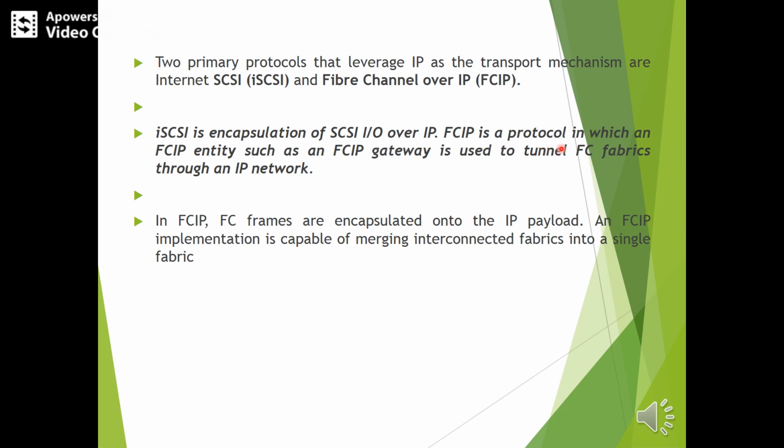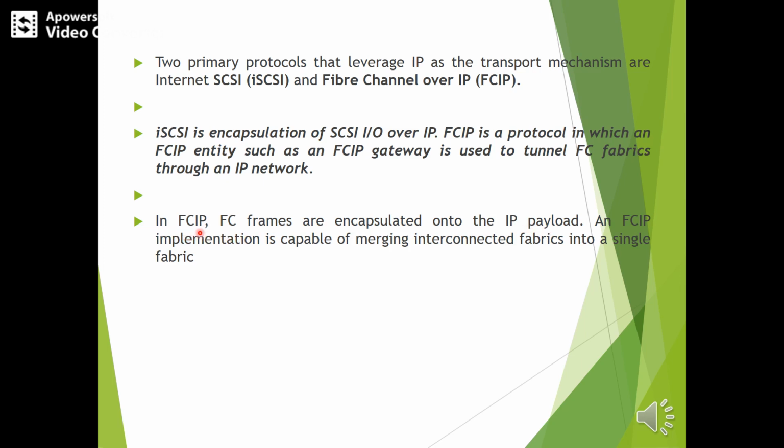FCIP is a protocol in which an FCIP entity such as an FCIP gateway is used to tunnel the FC fabric through an IP network. In FCIP, FC frames are encapsulated into the IP payload.